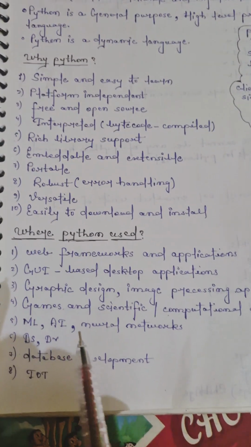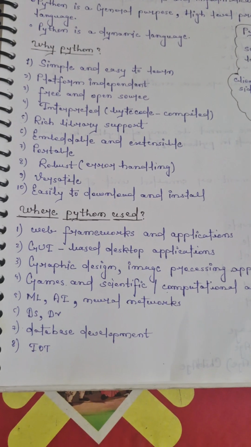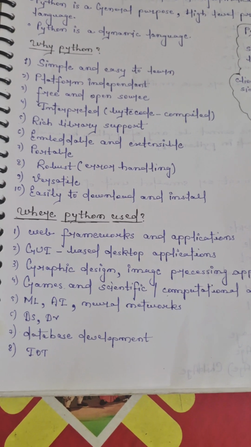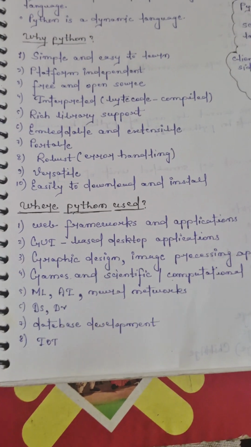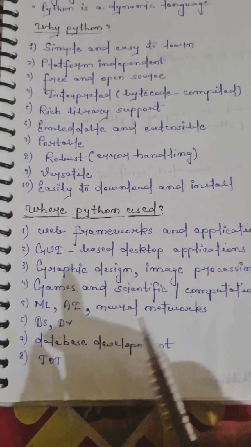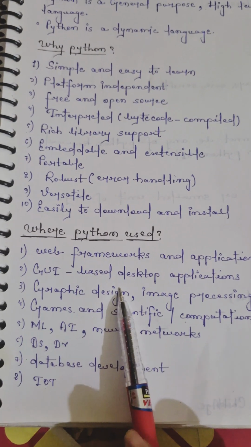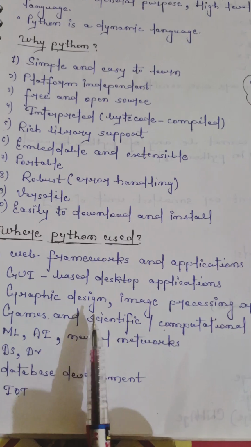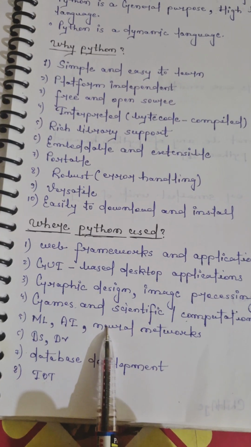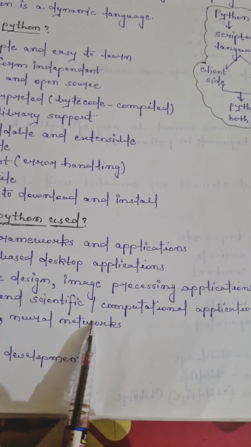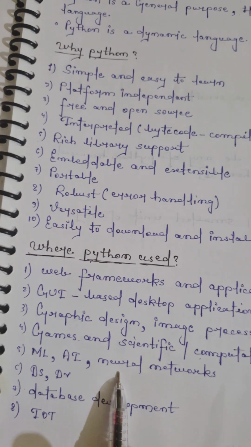Now we are coming to our next point, where Python is used. Python is used almost everywhere nowadays. Some of the applications or use cases are: web frameworks and applications, GUI (graphical user interface), graphics design, image processing applications, games and scientific computational applications, machine learning, artificial intelligence, neural networks.